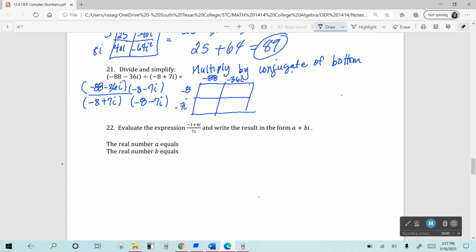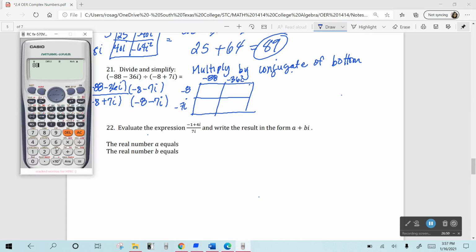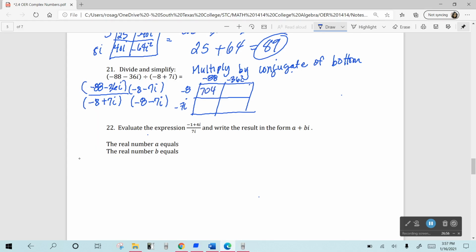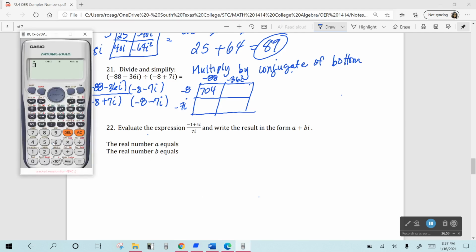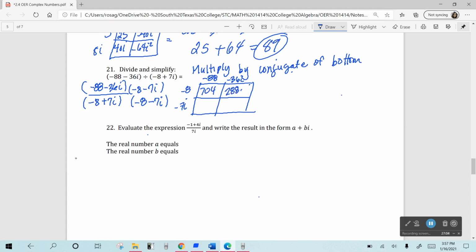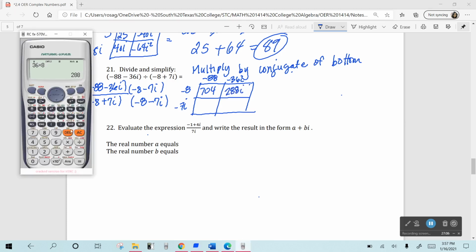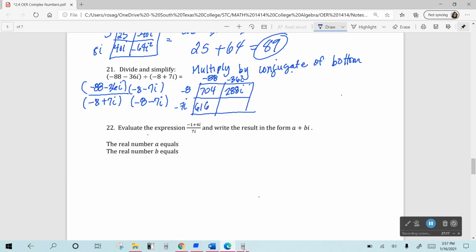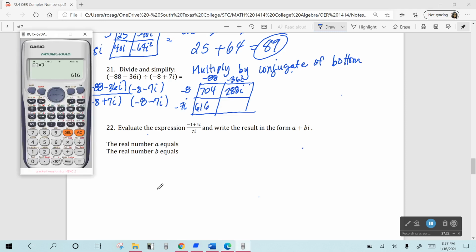That's the top, and I'm going to multiply that, and I get 88 times 8, 704. 36 times 8, 288. 88 times 7, 616. And then 36 times 7.